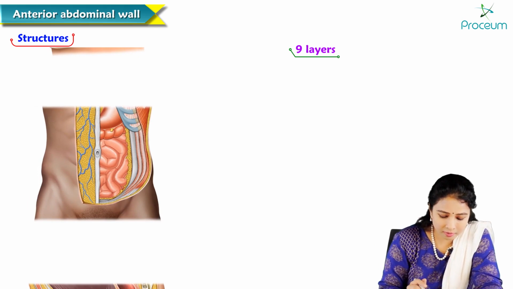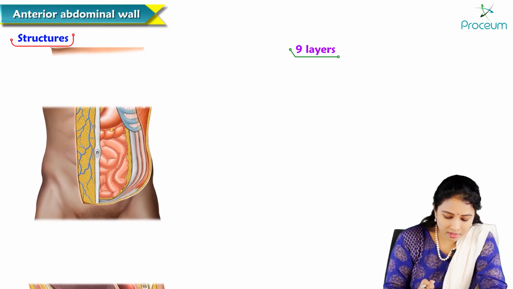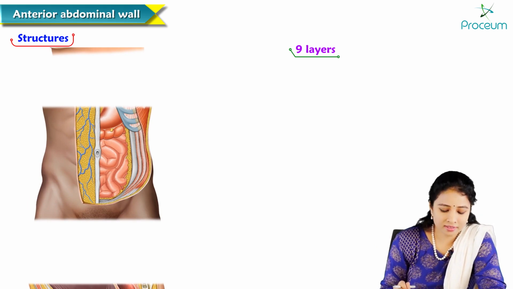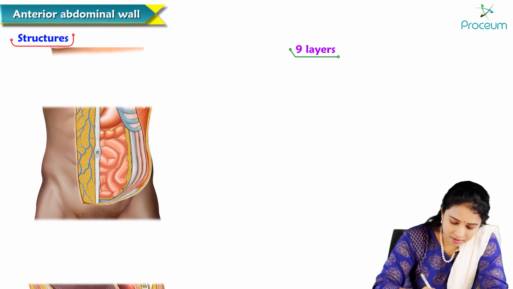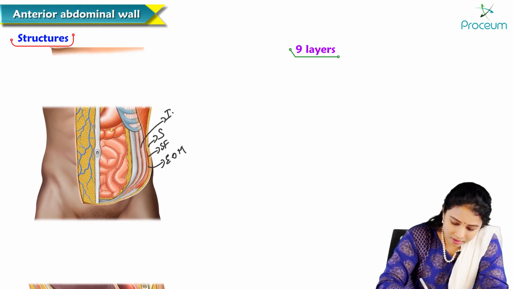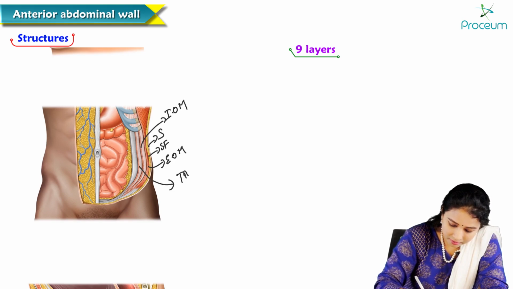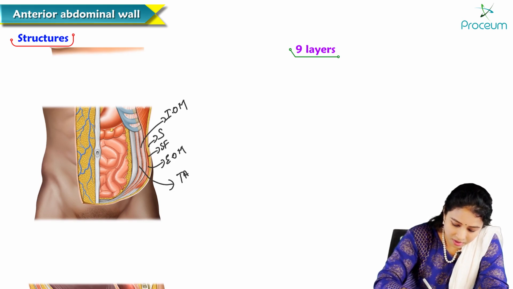So here is the image. One side we can see all layers are cut. The other side with the intact skin we can see. So these are the different layers with skin, superficial fascia, and we can see the muscles, external oblique muscle, internal oblique muscle, transversus abdominis, and deep to which is the fascia transversalis.